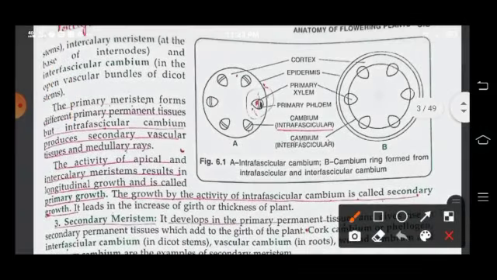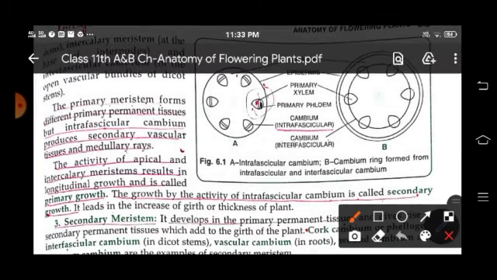The primary meristem forms the different primary permanent tissues, but intrafascicular cambium produces secondary vascular tissues at medullary rays. Here is figure 6.1 showing the cambium ring formed from intrafascicular and interfascicular cambium.